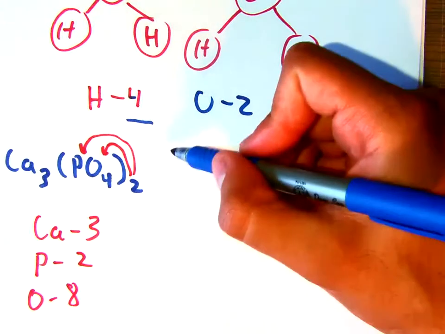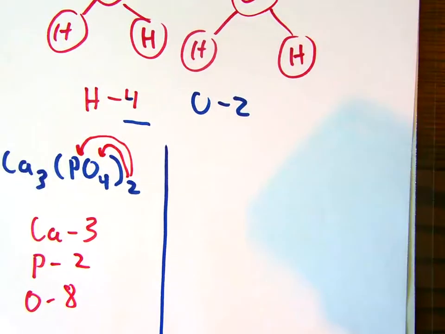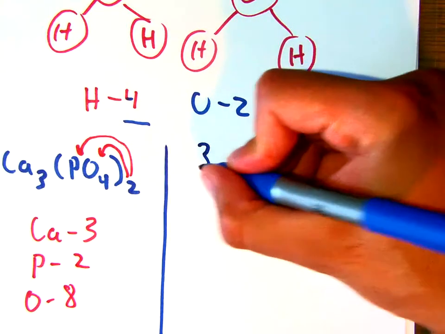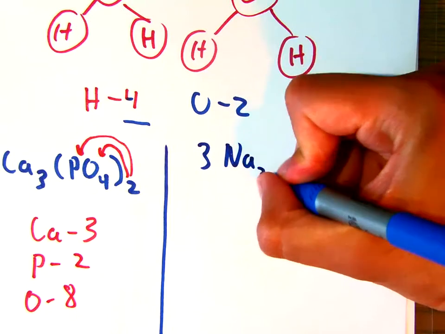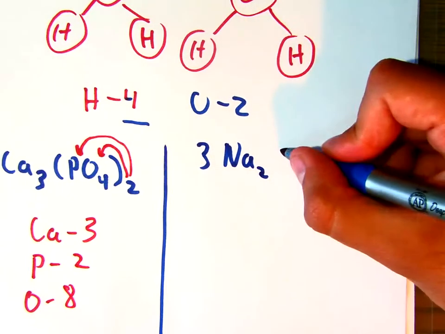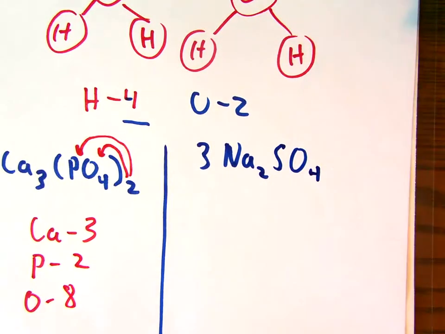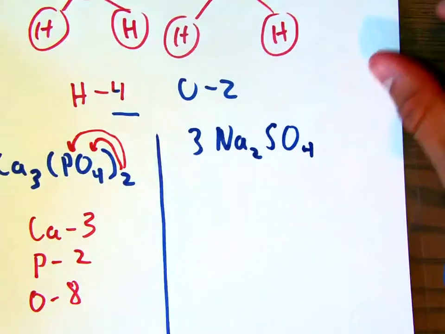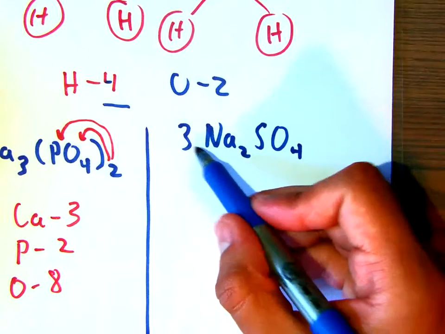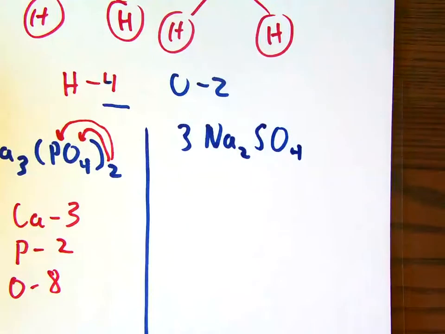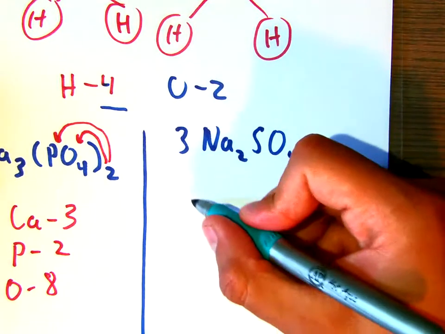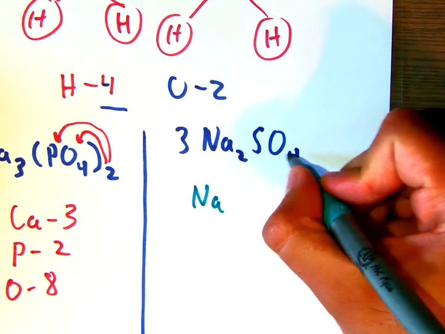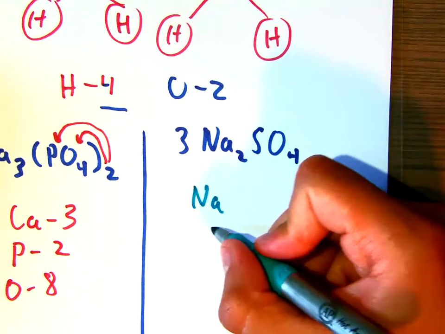So let's say I have 3Na2SO4. In this example, this 3 applies to everything, remember. So I have sodium, sulfur, and oxygen. These are different because that's a capital O, so that must be oxygen.